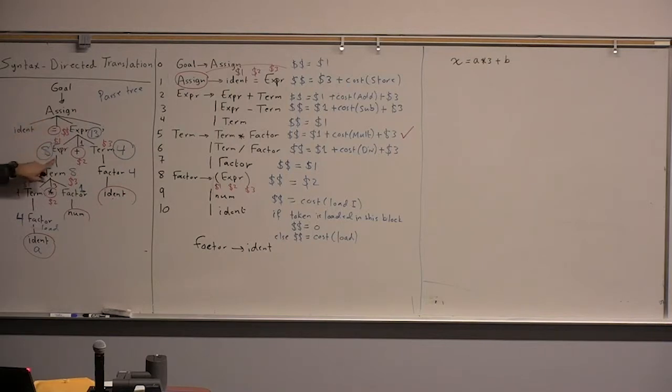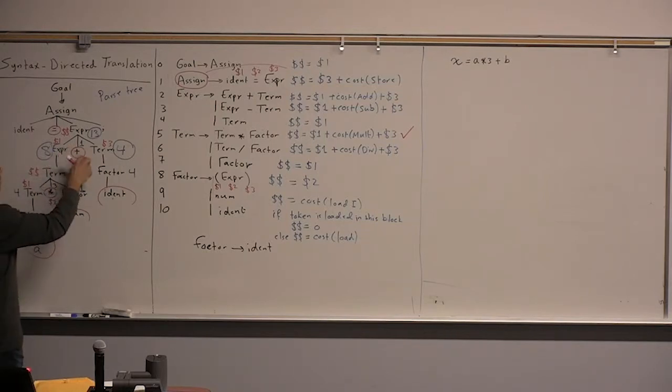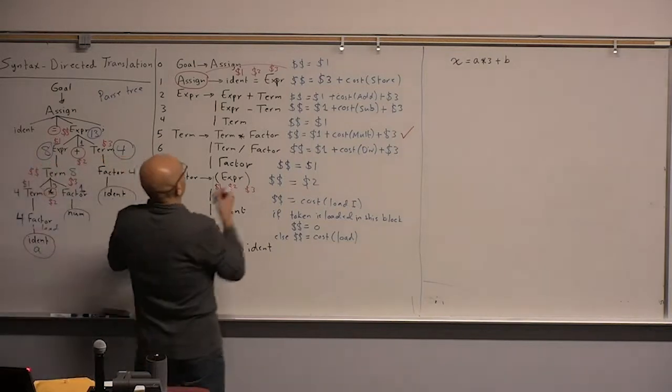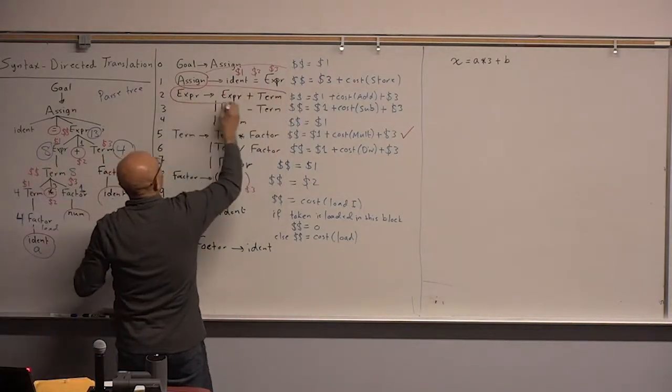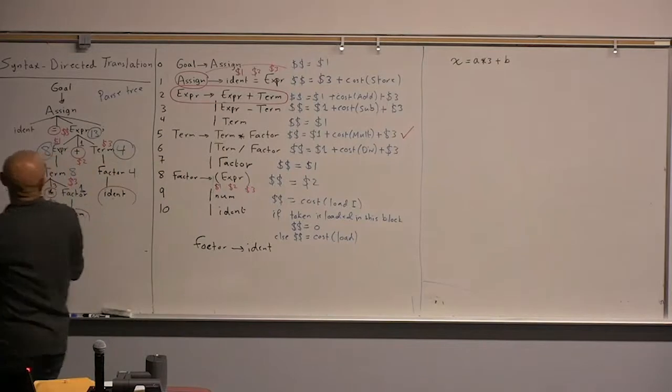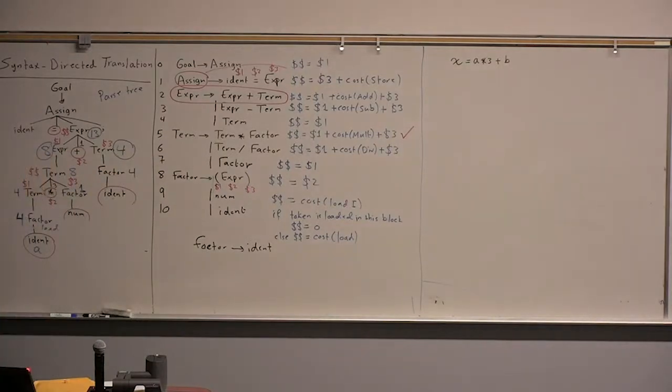The left-hand child is this expression, and on the right-hand side you have the cost of an add, and this expression, which is the cost of the term, which is $3. Okay. So this is here. Now when you substitute, so this is the expression.